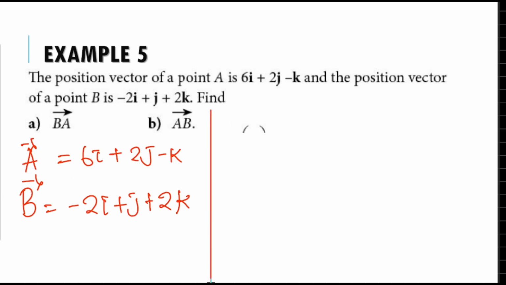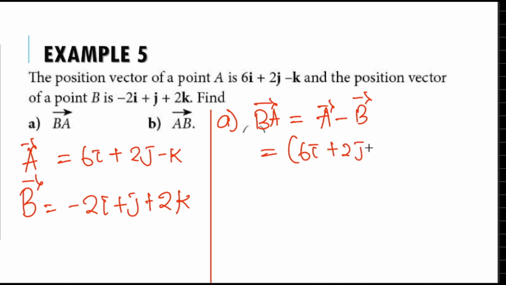So the displacement vector, which is BA, because you know that would be A minus B, is equal to vector A, 6i plus 2j minus k, minus vector B, minus 2i plus j plus 2k.